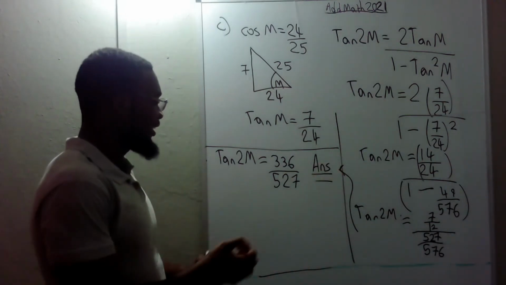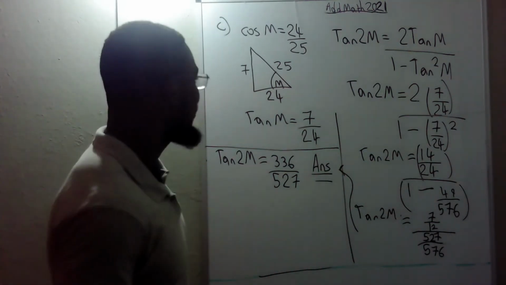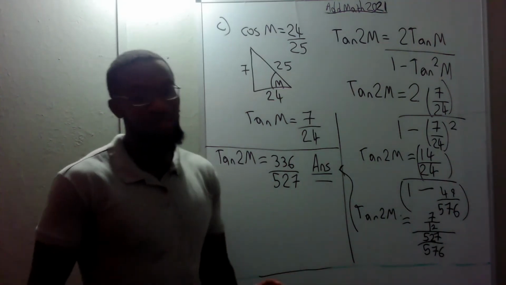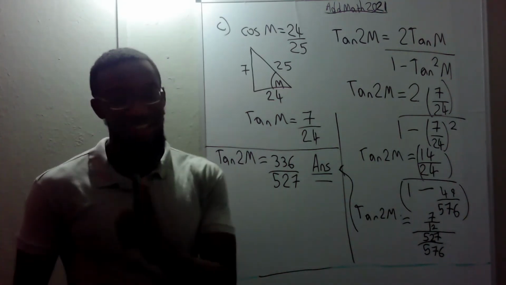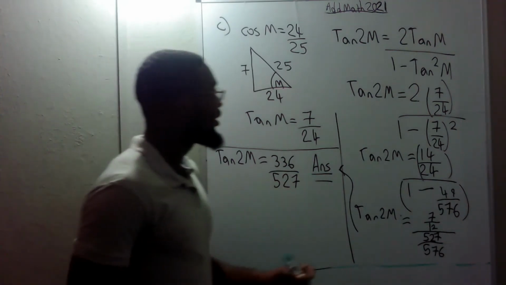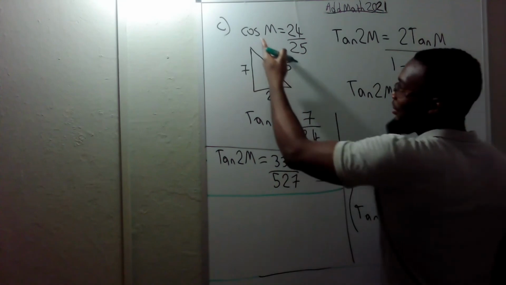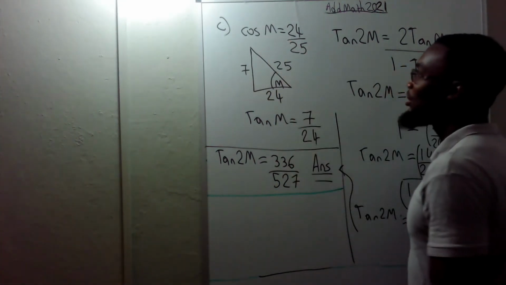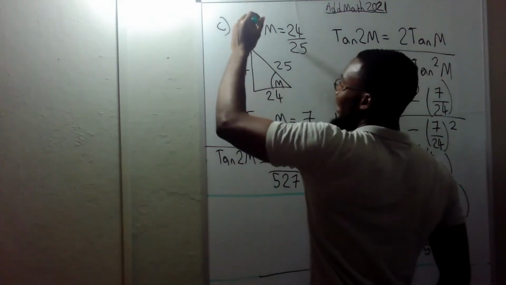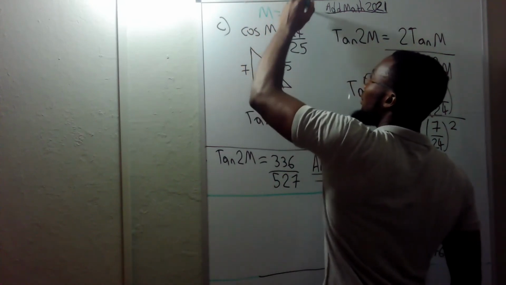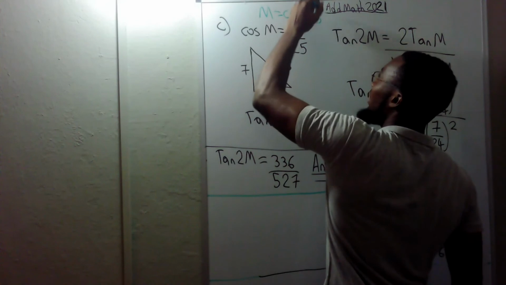Nice. So guys, there's another way you could have done this question. What if you're lazy? Nothing is wrong with being lazy, as long as you're still doing the question. Look at this, guys. If cos m is 24 over 25, then m must be equal to cos inverse of 24 over 25.